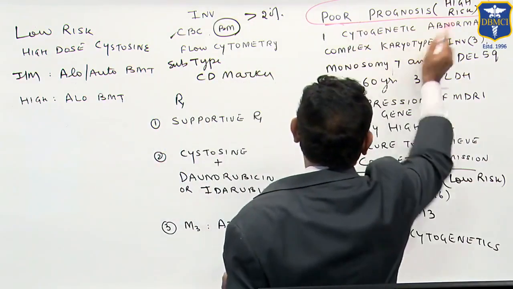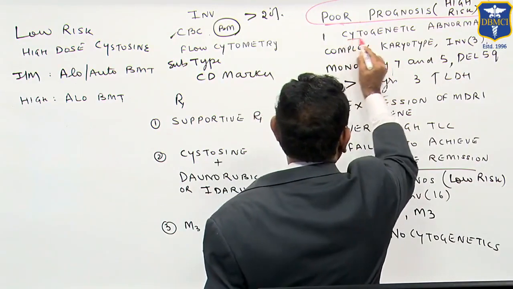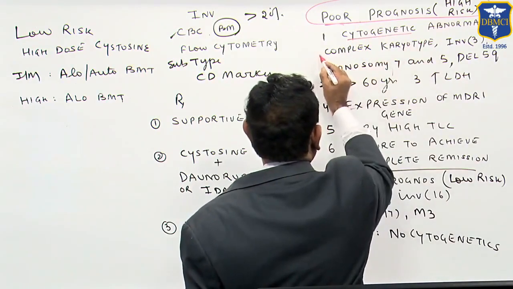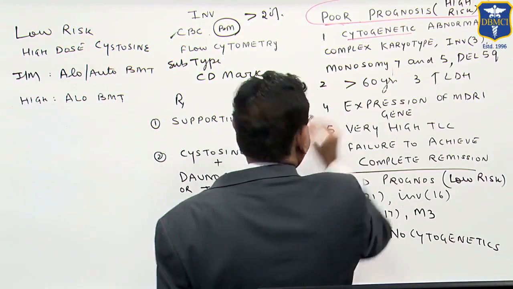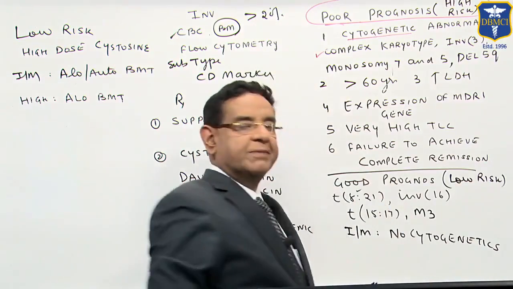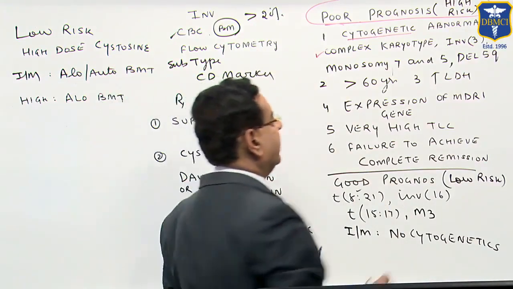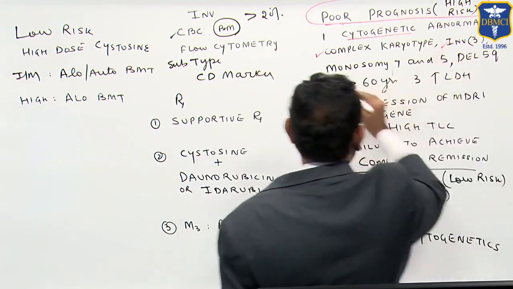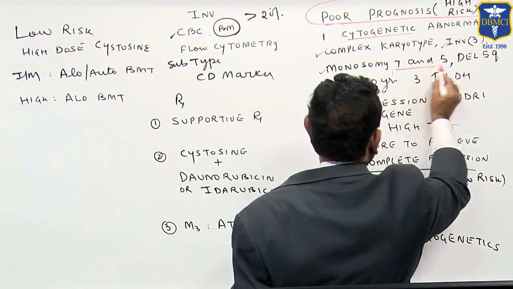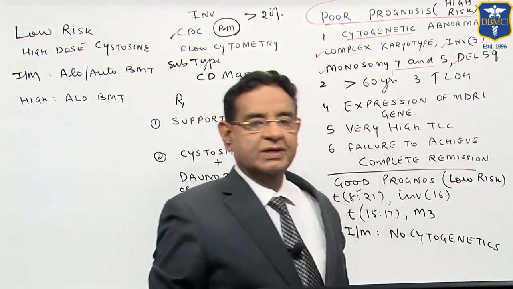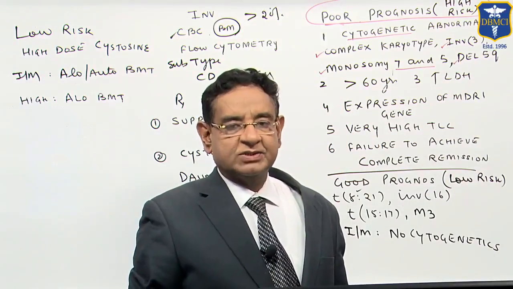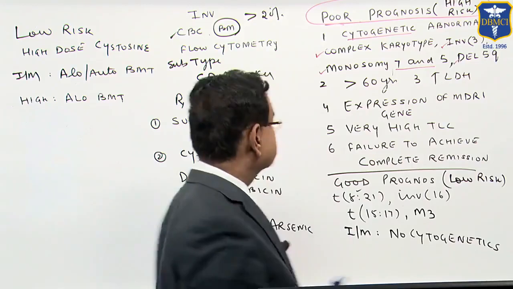Poor prognosis, or so-called high risk cases: the cytogenetic abnormalities are complex karyotype, inv(3), monosomy 7 and 5, and del(5q). They are high risk or with poor prognosis.